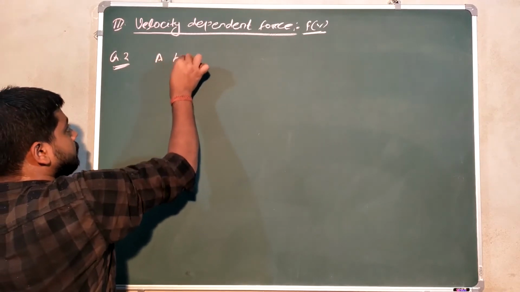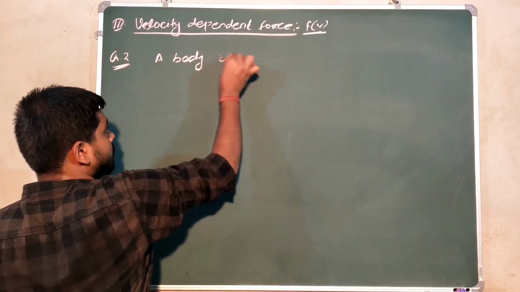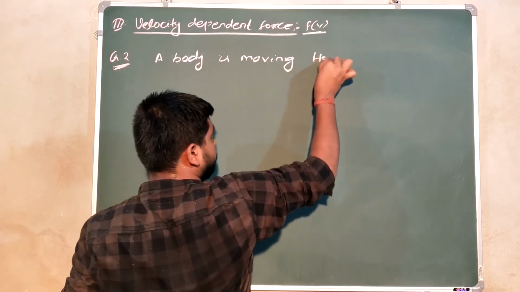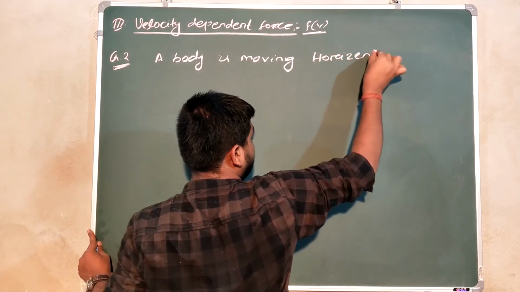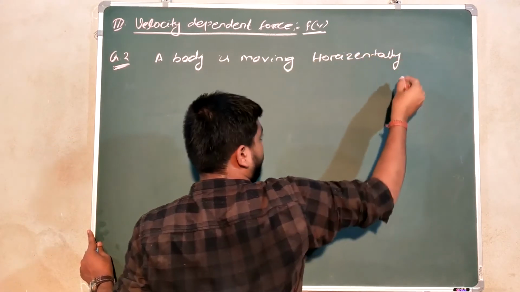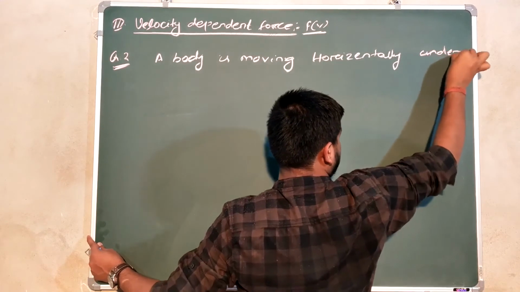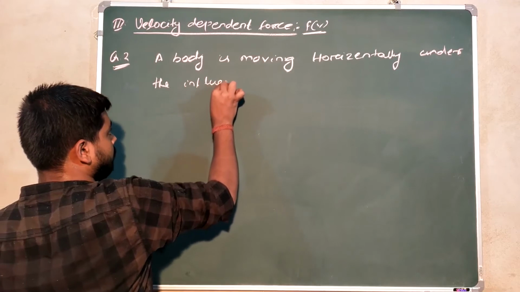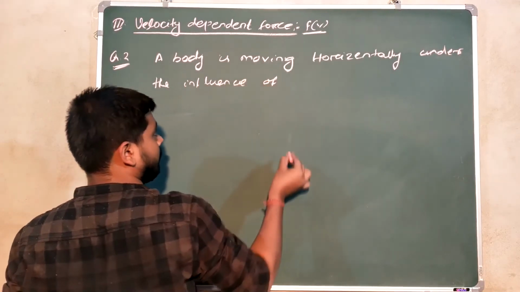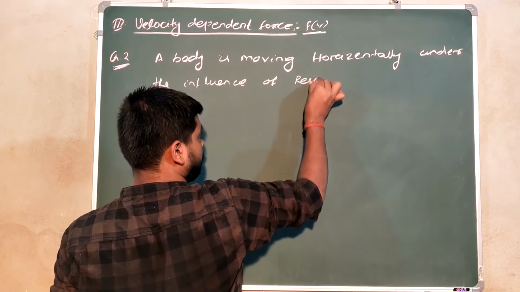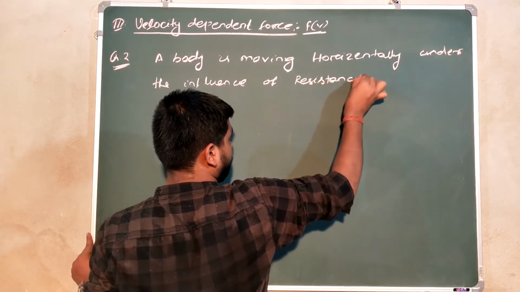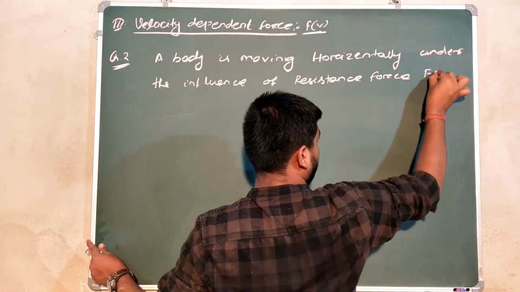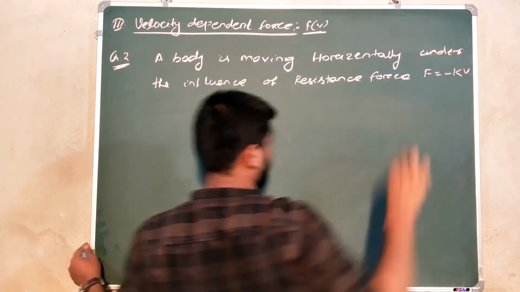A body is moving horizontally under the influence of a resistance force F equal to minus kV.